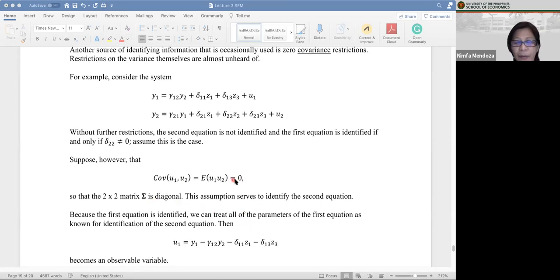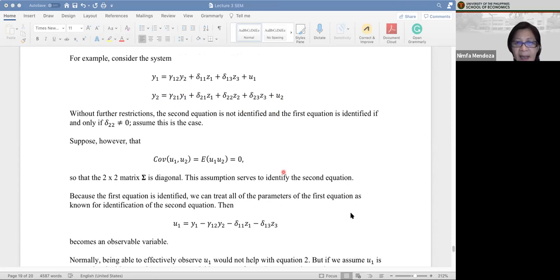If the covariance is 0, you have two disturbances here, then the off diagonals would be 0 and the sigma matrix would be diagonal. And this assumption would serve to identify the second equation, which is not identified. Let us see how that works.